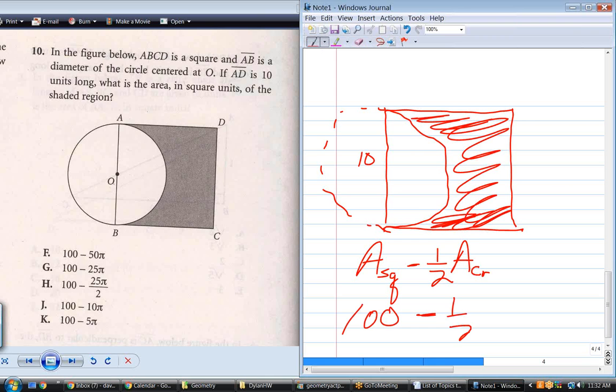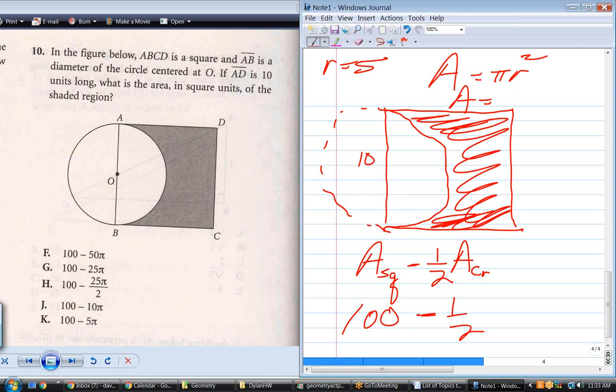Minus 1/2 the area of the circle. What was the formula for the area of the circle? It was area equals pi times radius squared. What's our radius? 5. Fill it in.